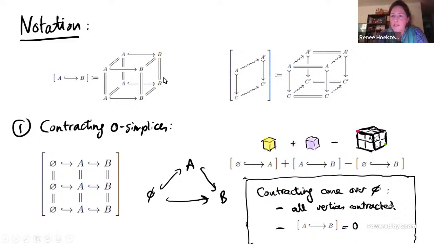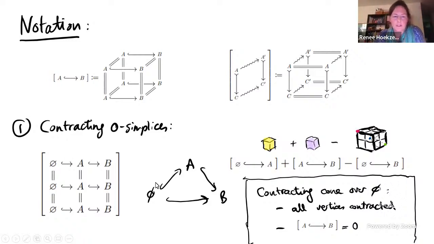So one little exercise that we're going to do first is how to contract the zero simplices. So I think about the map where the empty set embeds into a manifold A, which embeds into a manifold B. And I think of this as a 2 by 2 by 2 cube.